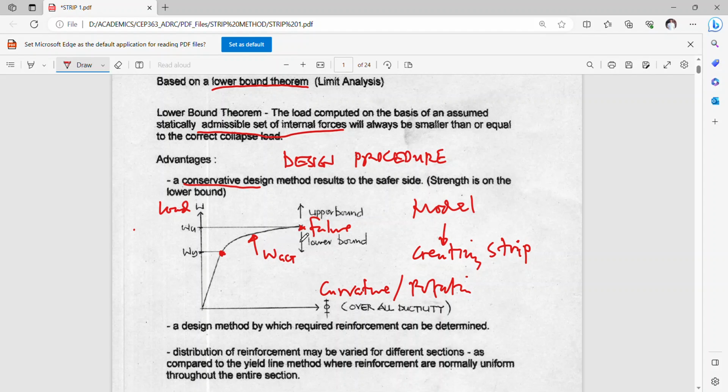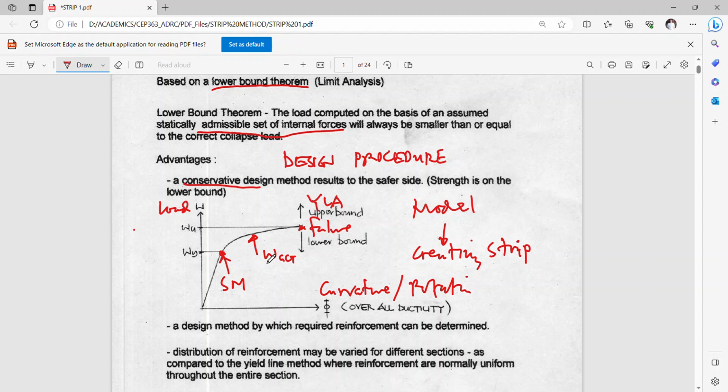So in here, the upper bound YLA is more favoring this ultimate capacity greater than the collapse load, and here the strip method is more favoring the yield capacity which is less than the collapse load.